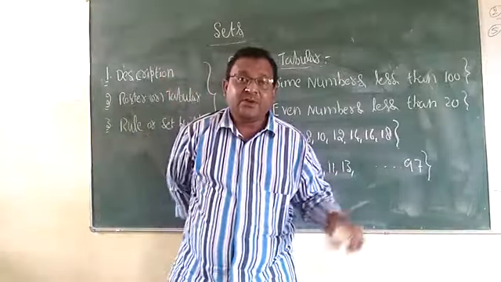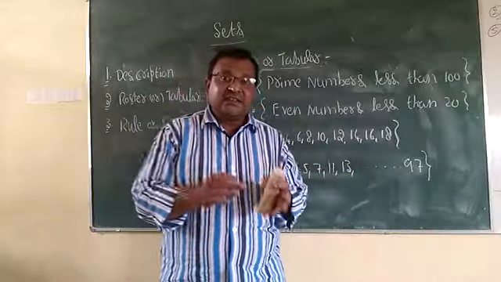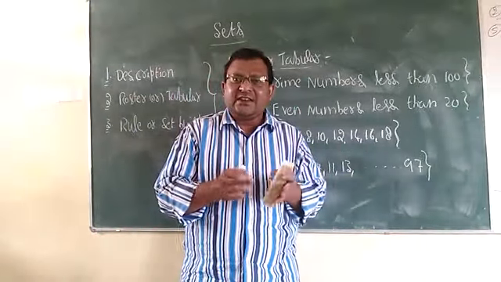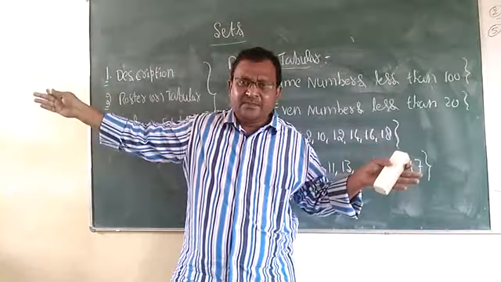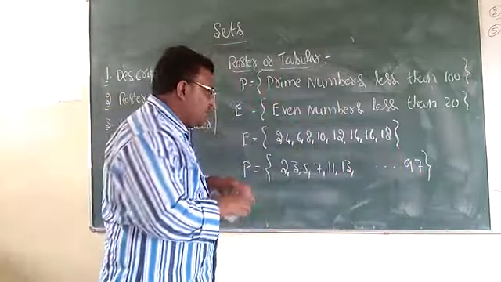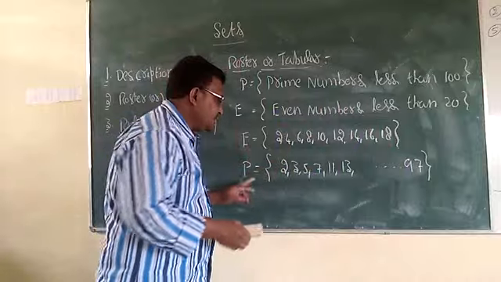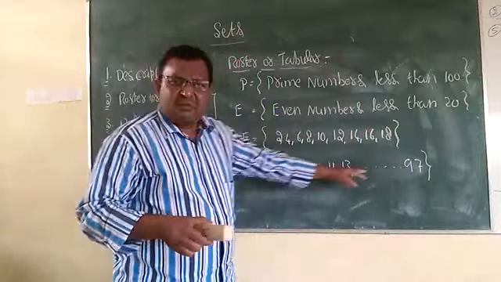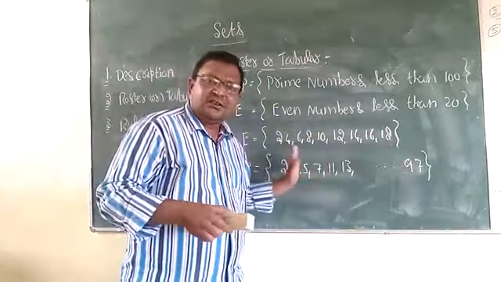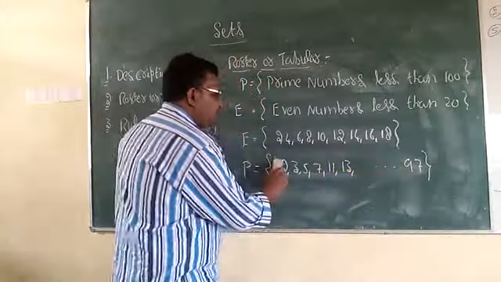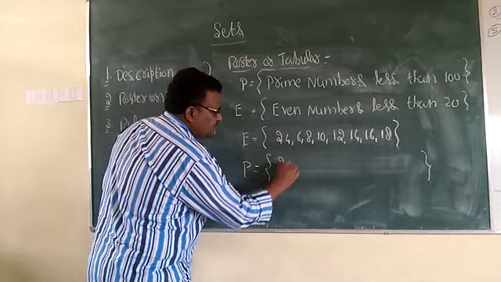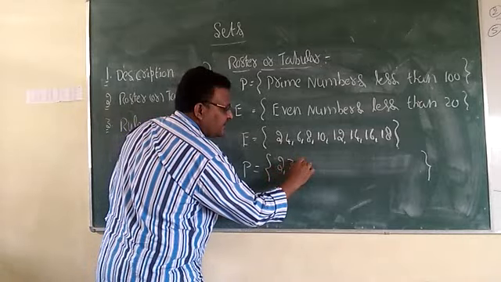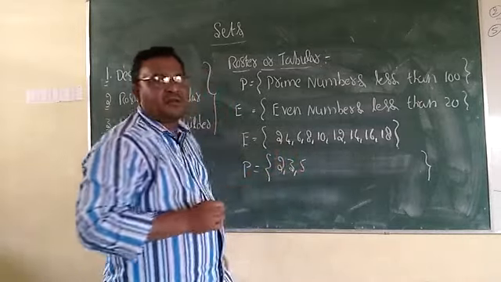Here is one more property you have to remember. If the elements of the set are lengthy, undefined or very large, then how do we represent that? Here it is lengthy, more elements are coming, so we need not write all the elements. First write down the first 3 elements of the set, that means 2, 3, 5.